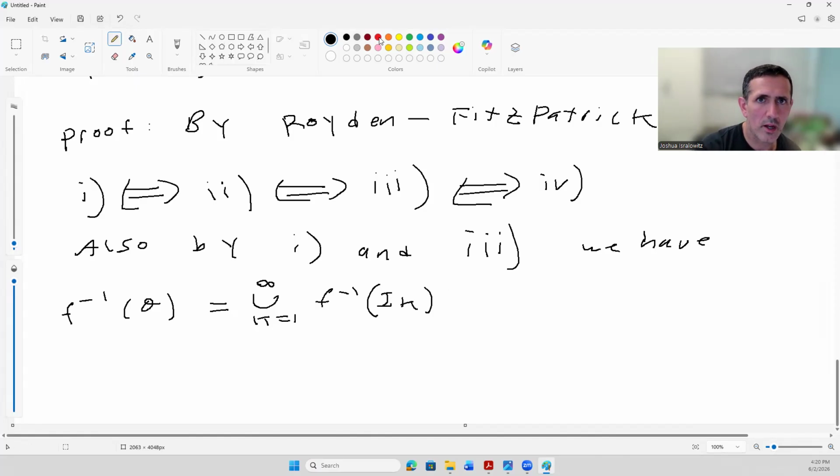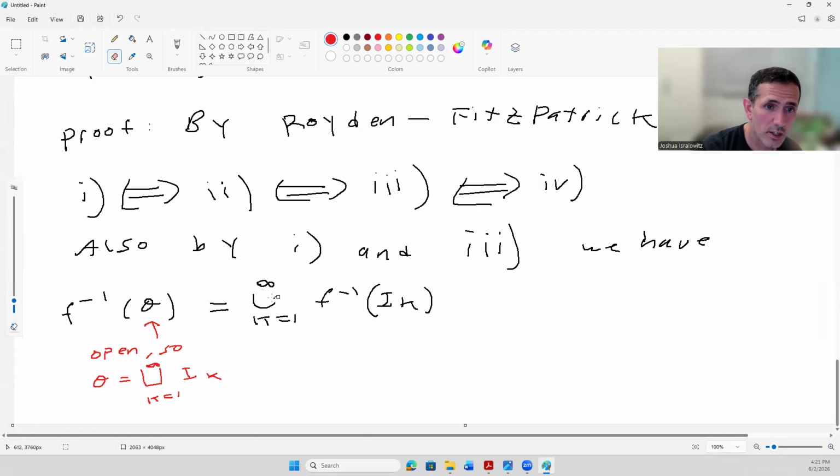So remember, this is open. You can write it as a disjoint union, we don't care about disjoint, of open intervals. Let's say it's open. We can write this as a union of open intervals.